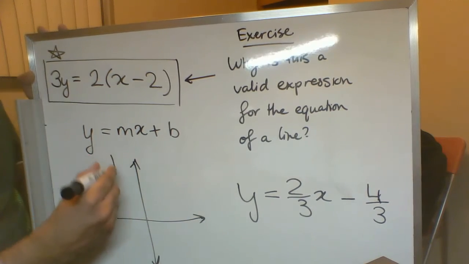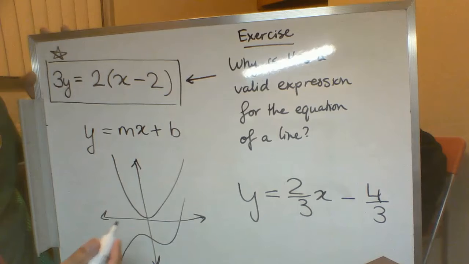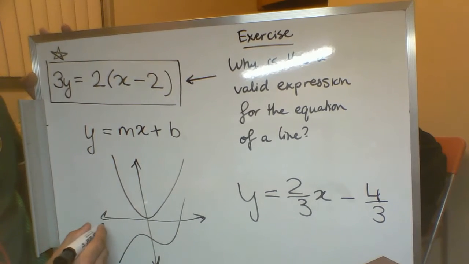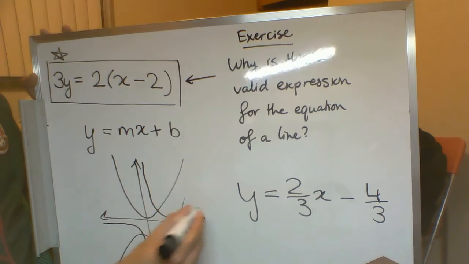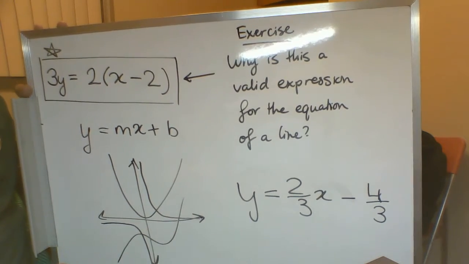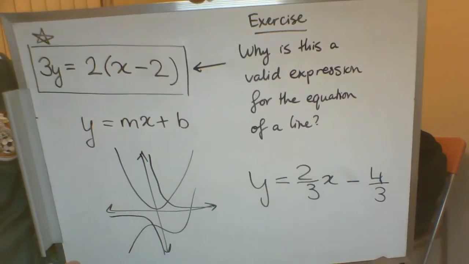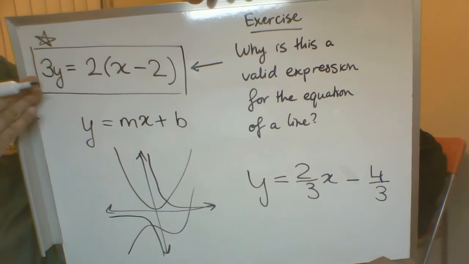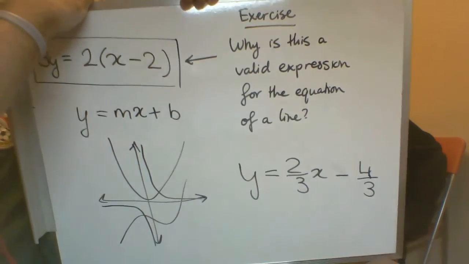If you've got your Cartesian plane, why wouldn't it give you something that looks like this, or like that, or something that goes like this and then drops off and reappears over there? You could have a whole bunch of crazy functions doing different things. Why don't we see any of that if we try to plot this equation, even though it looks different from everything we've seen so far?